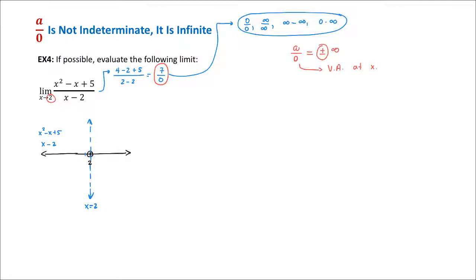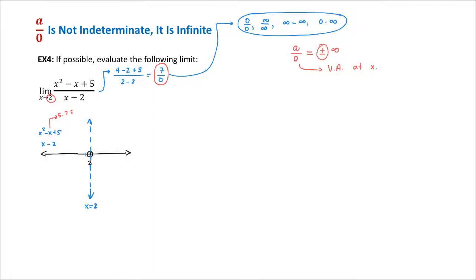So let's see exactly what happens when you plug in 1.5 into the numerator and denominator. If you plug in 1.5 here and here, you can do this with your calculator, you're going to get 5.75, and that's going to be positive.